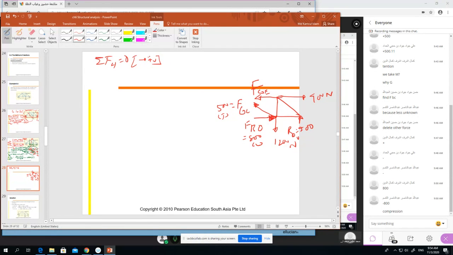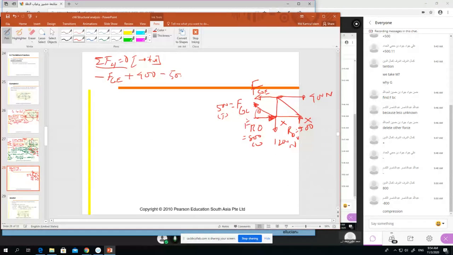So if we take the summation of horizontal forces equal to 0, FGE is on the left side, so minus FGE, plus 400, plus 400, plus 400. The vertical force will not count because it's vertical, and this one is also not counted as vertical. Then we have this theta angle, then minus FGC.